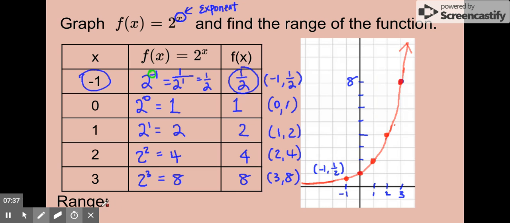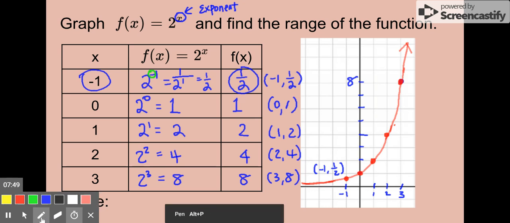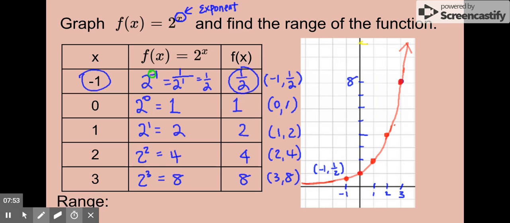So what's the range? What is the set of y values? The range of this function is going to be all the positive numbers, right? It's never going to reach 0, like I mentioned.